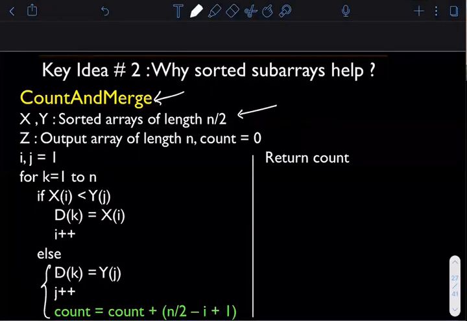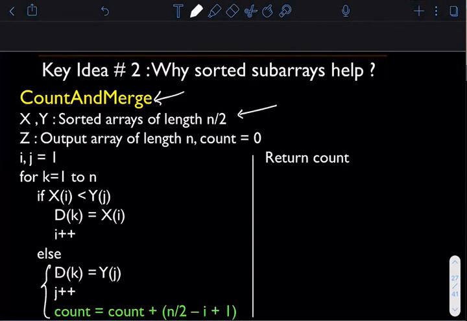So these you are already getting from your lower level recursions. So you are at a certain level and you are calling the recursive calls, and finally you are calling count and merge from that level itself. So you are already getting the sorted subarrays X and Y from the recursive calls. And all you now need to do is combine these two.